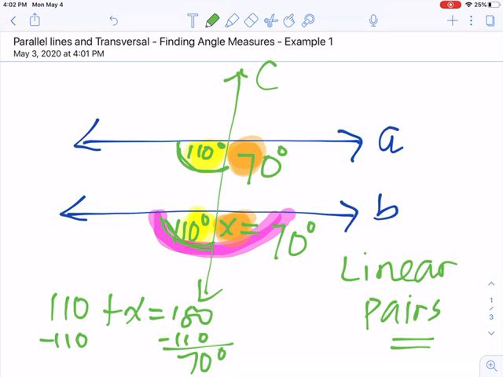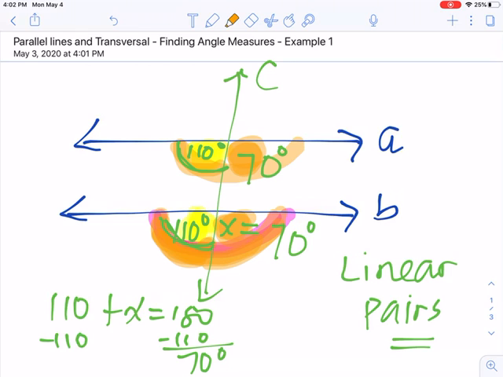And see that it makes sense because 70 degrees plus 110 degrees gives me 180. Just knowing that this angle corresponds to this angle, even though I didn't know it at first, helped me use the fact that this 110 and X are linear pairs to find the measure of X.